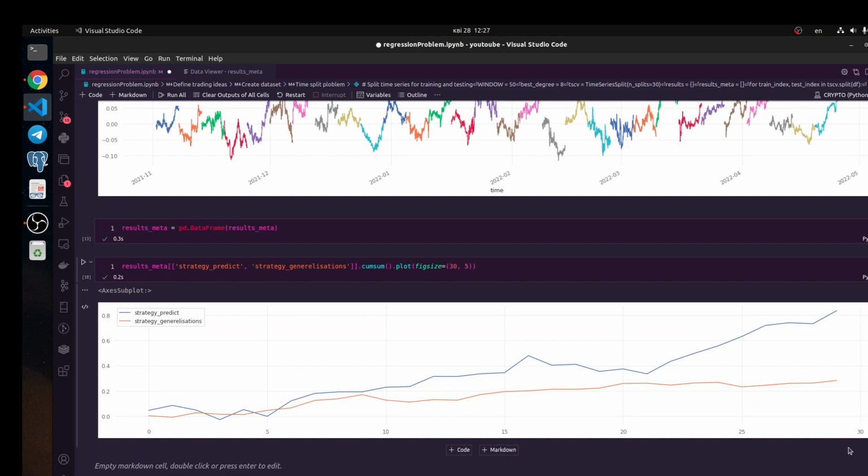It means, for example, our strategy works for 1 week, next we retrain the strategy again, and next we retrain it again, doing it 30 times to analyze whether it's working or not. Let's look at strategy predict, it's this one, and strategy generalization, it's the other strategy.